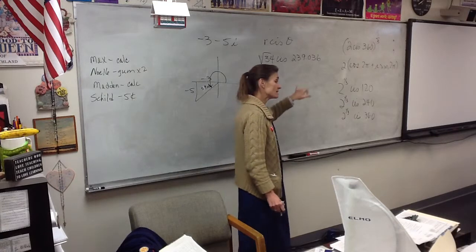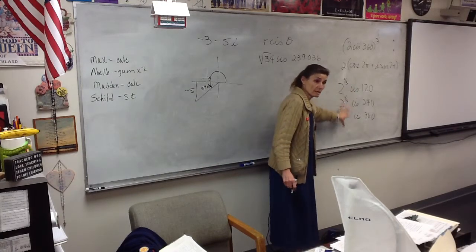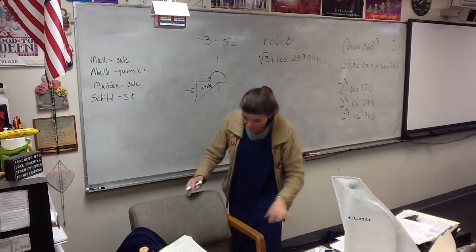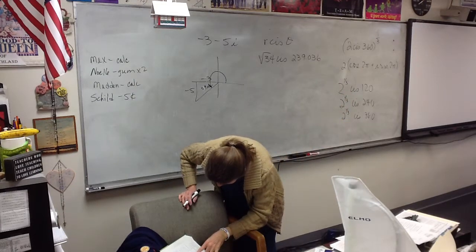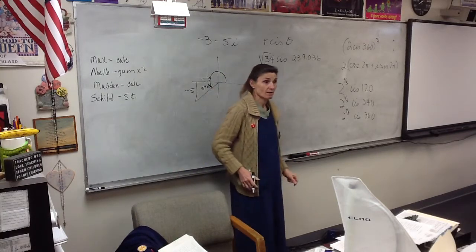Now, what form is this? Polar or trigonometric form? What are my directions? Do they tell me what to do? No. It doesn't say I have to answer in one form or the other, so I'll just stop there.